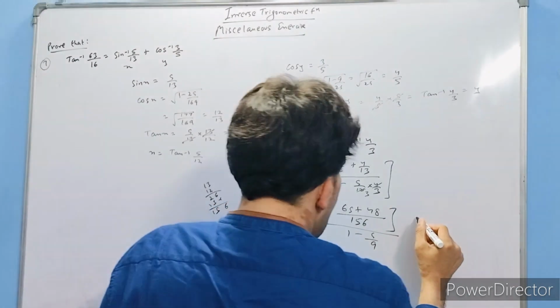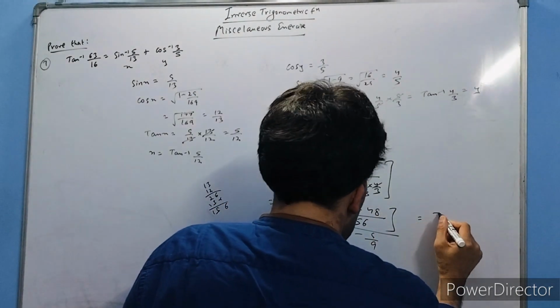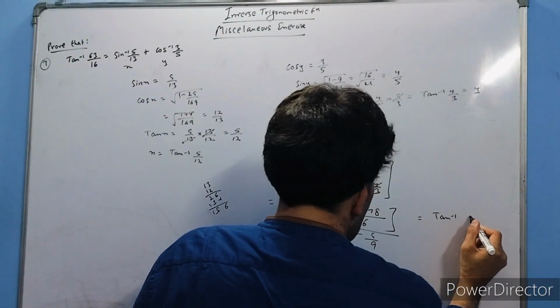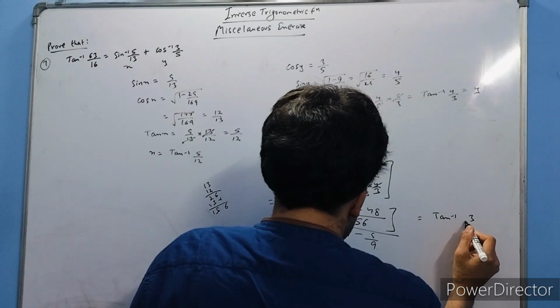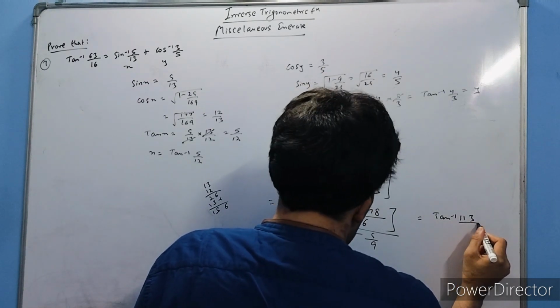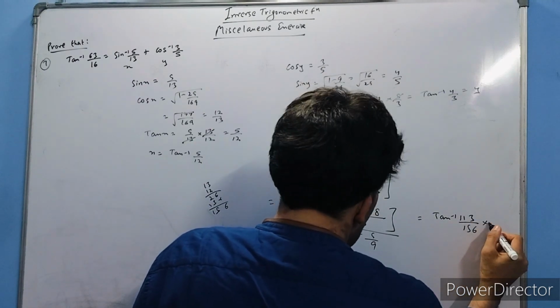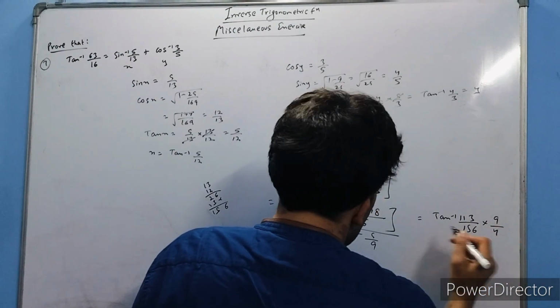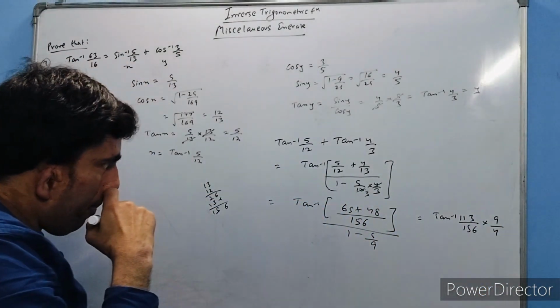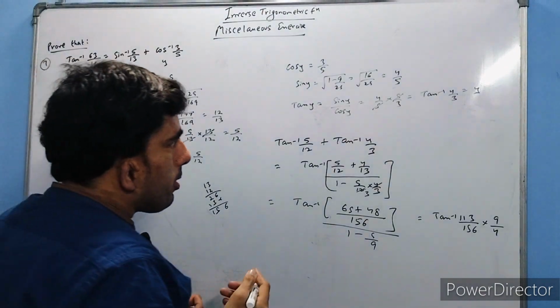So it will be, if I add this, upon the 6 into 9 upon 4. Okay, so I got this.